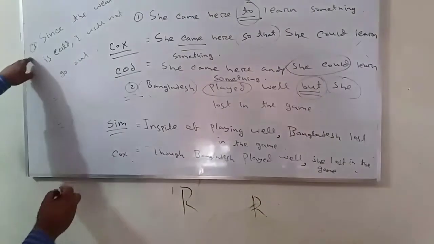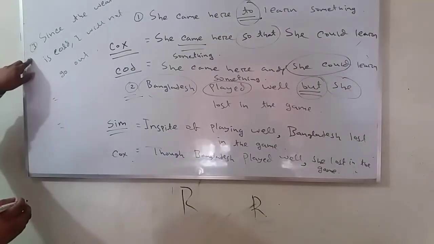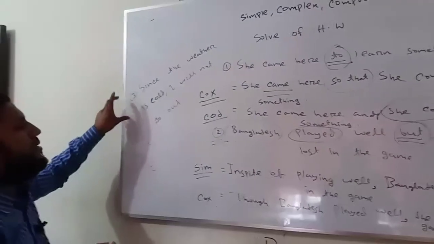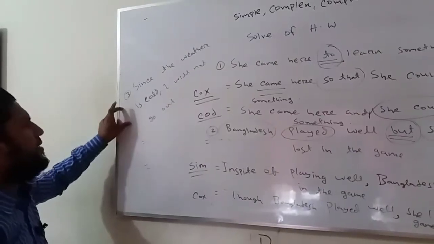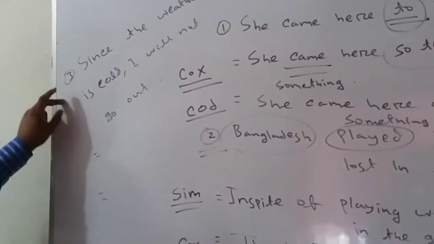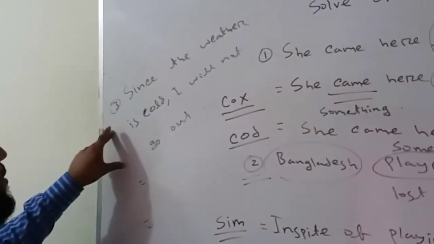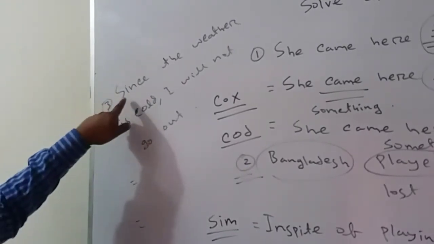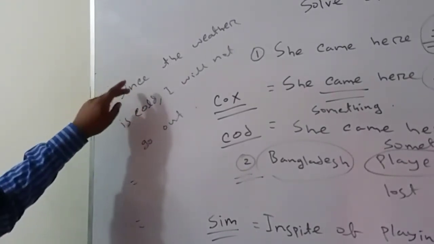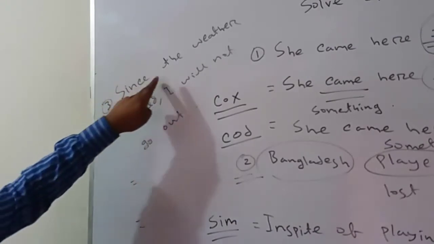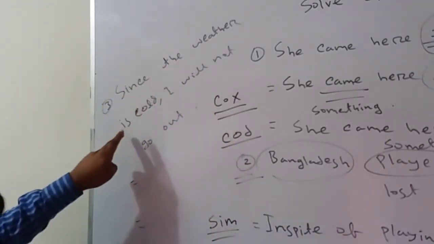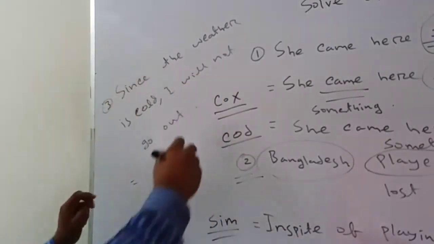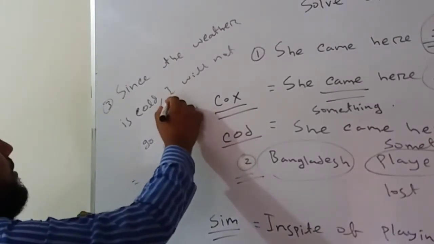Now the third sentence. Since the weather is cold, I will not go out. This is the form of complex. Now convert it into simple and compound. For doing simple, instead of "since," you will have to use the ing format of the verb. Here you will have to notice the subject.